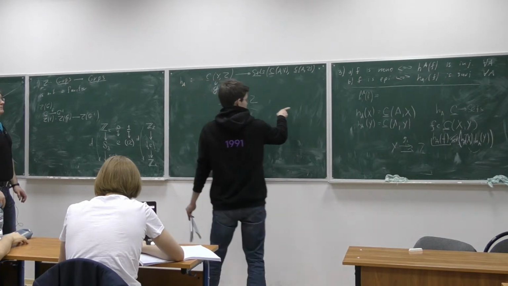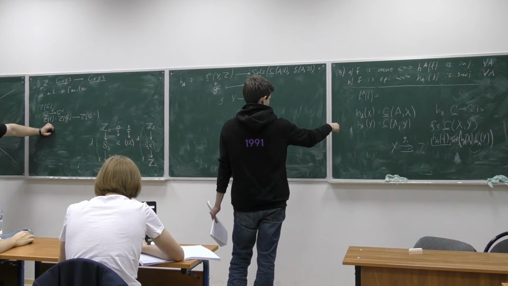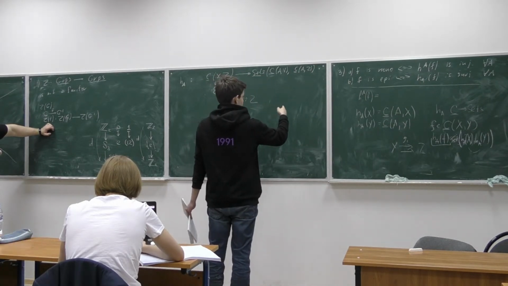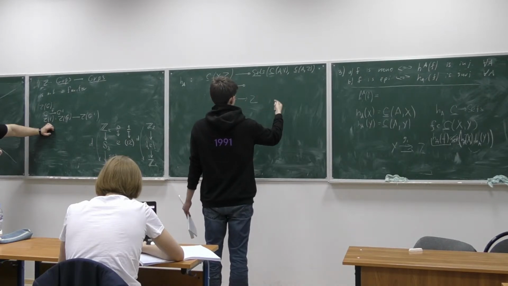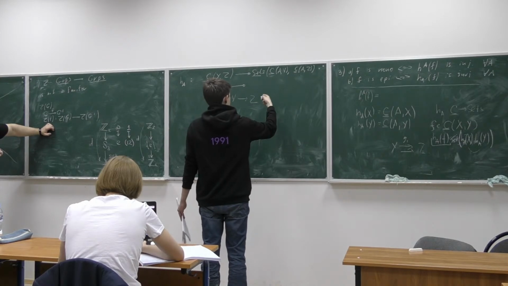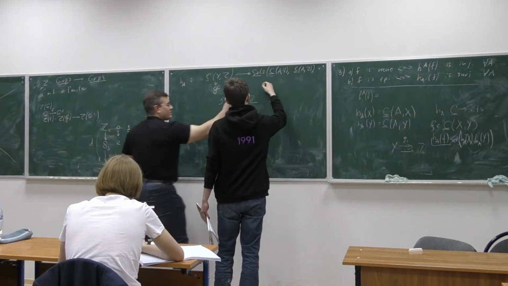We need to go, so we just compose every morphism from here with J. Then we get the map to morphisms from A to Z. So yeah, I would write it like this.